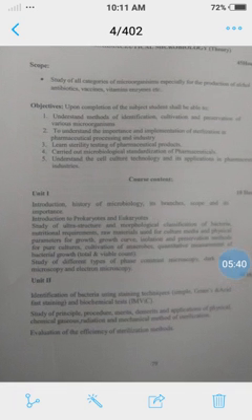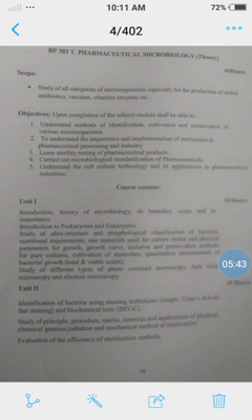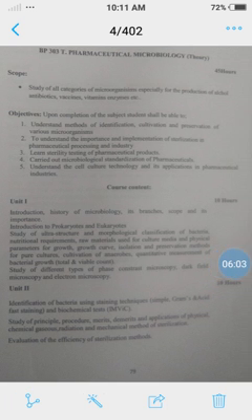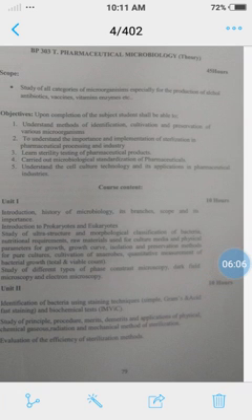Then next objective, to carry out microbiological standardization of pharmaceuticals. And next, to understand cell culture technology and its application in pharmaceutical industry.